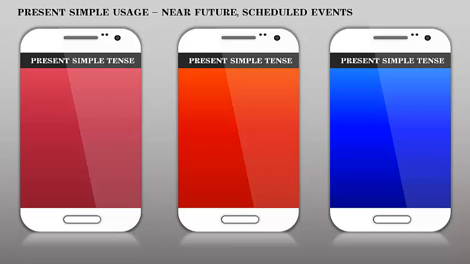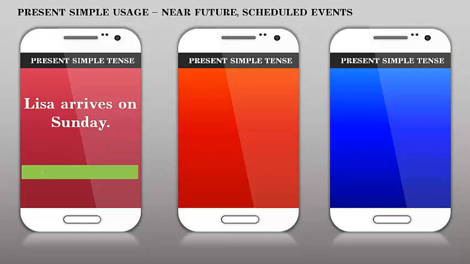Let's look at this example. Lisa arrives on Sunday. Again, the near future, Sunday, so I use the present simple tense. I added an s at the end of arrive because Lisa, the subject, is a she.